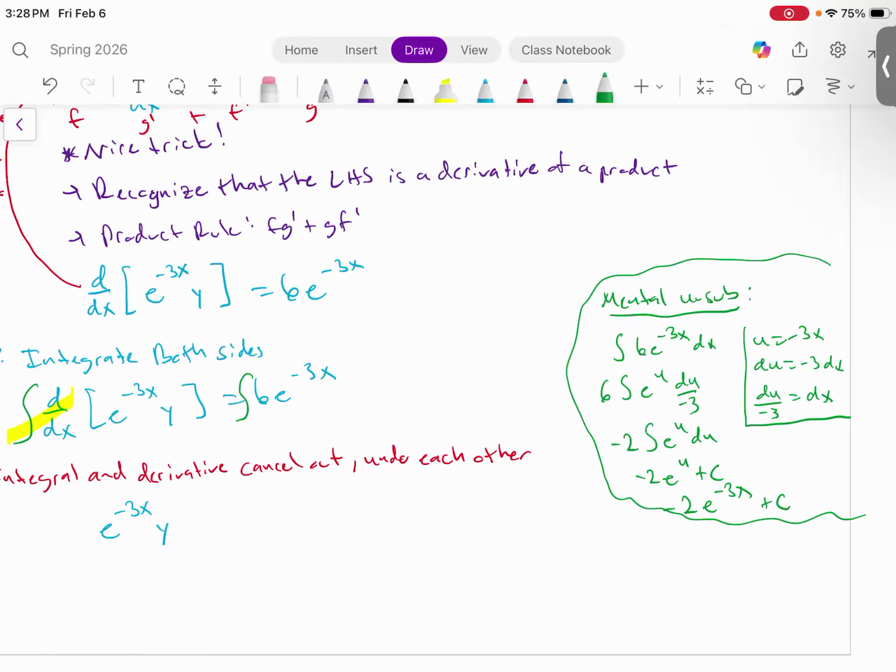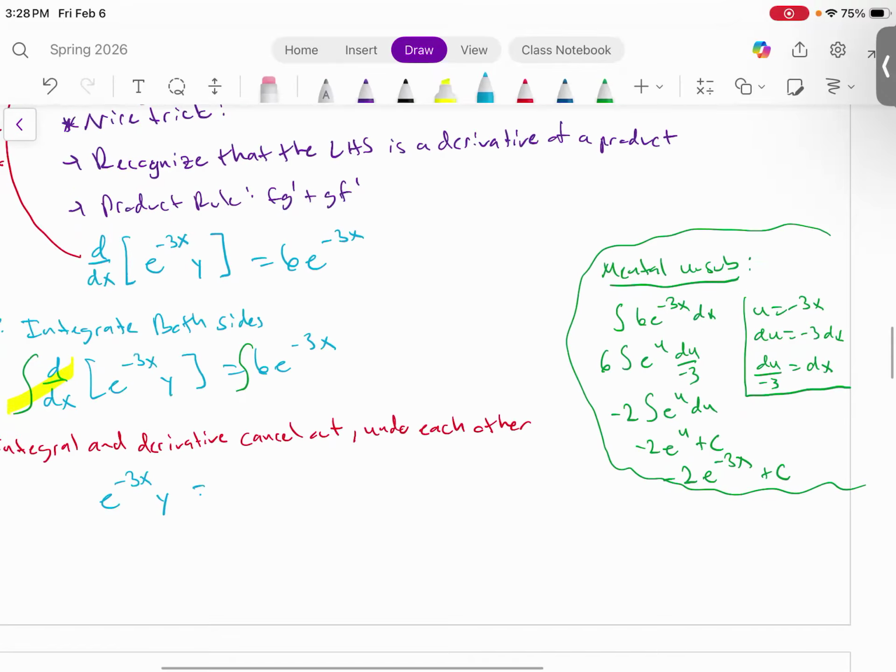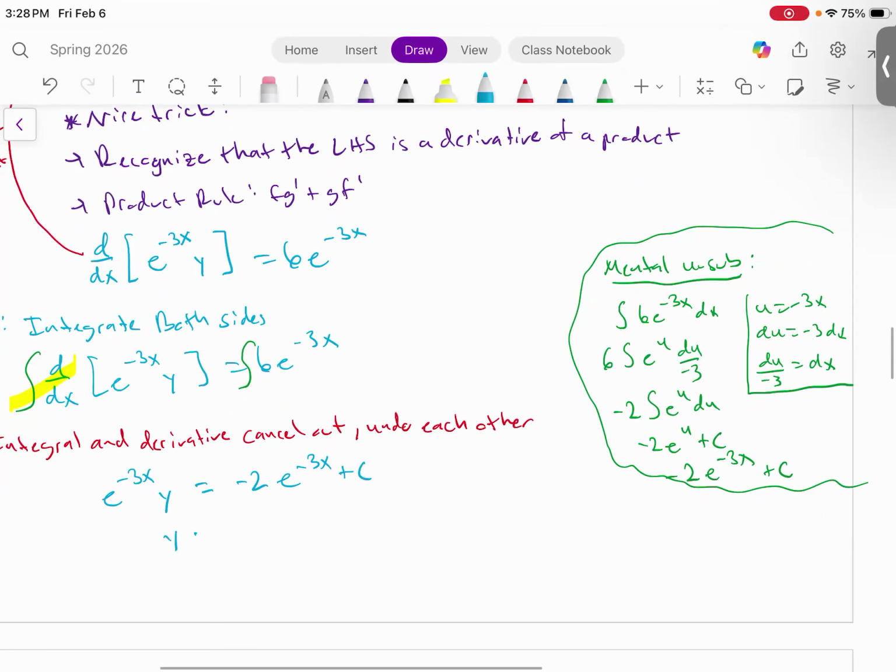So what we get here is e to the negative 3x y equals negative 2 e to negative 3x plus c. And we want to solve for y, so we'll divide both sides by e to the negative 3x.